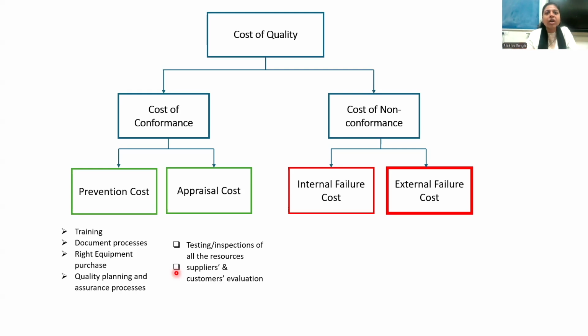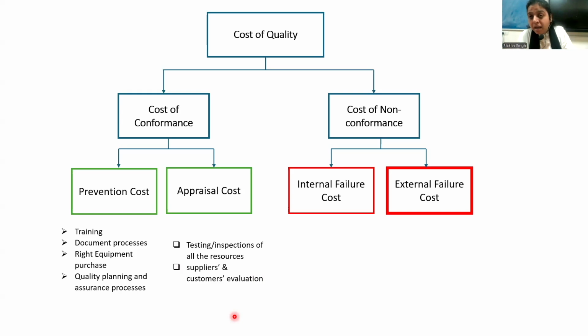This is how we try to reduce defects in our final product or components, right? We have to evaluate our suppliers and customers from time to time. This is the way we invest in the appraisal cost, right?